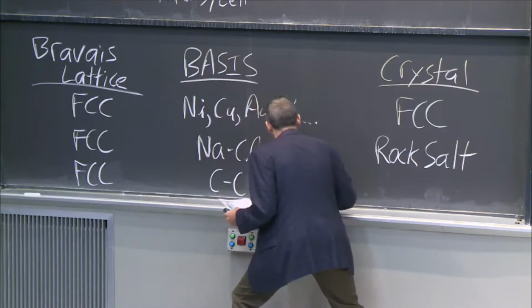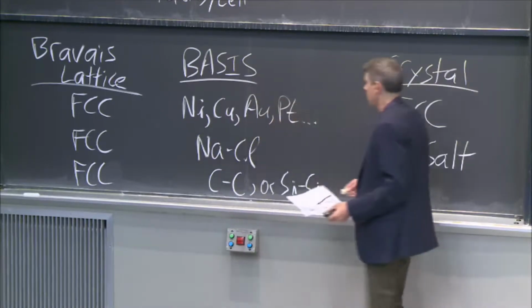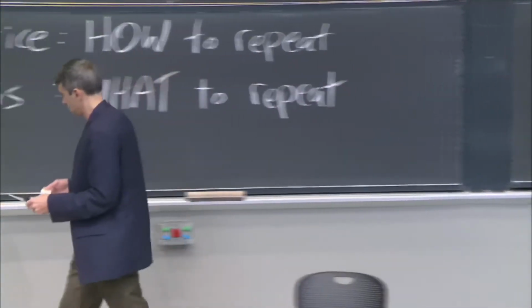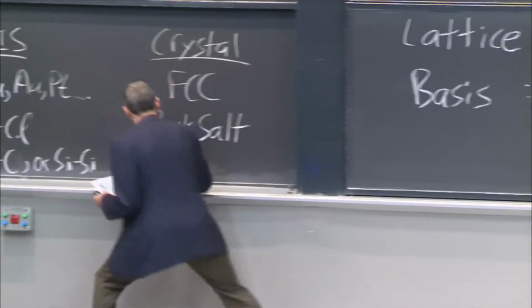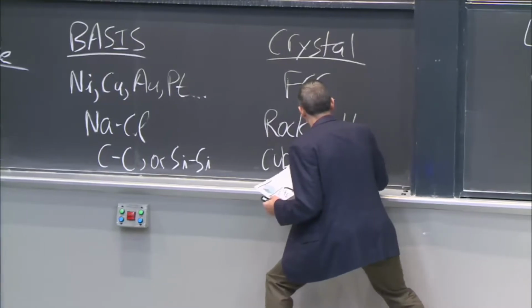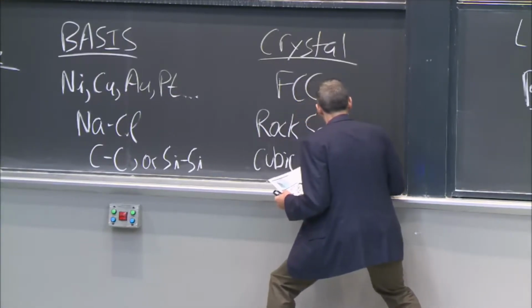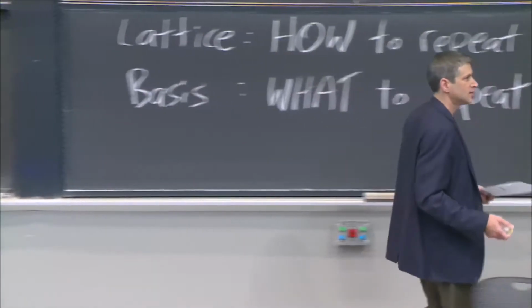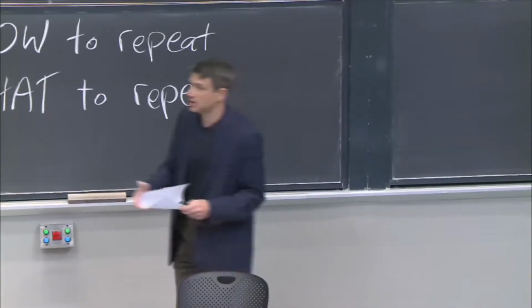There are actually a number of pairs of atoms that would form this diamond. In fact, we specify, because there are different types, this is called the cubic diamond crystal. What is the lattice? It's FCC.